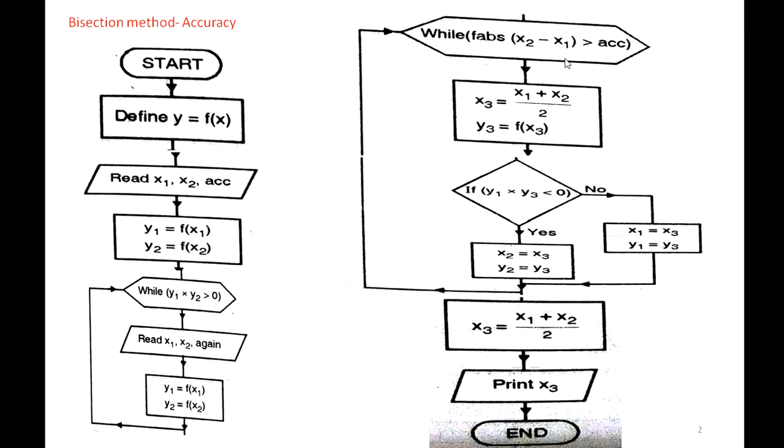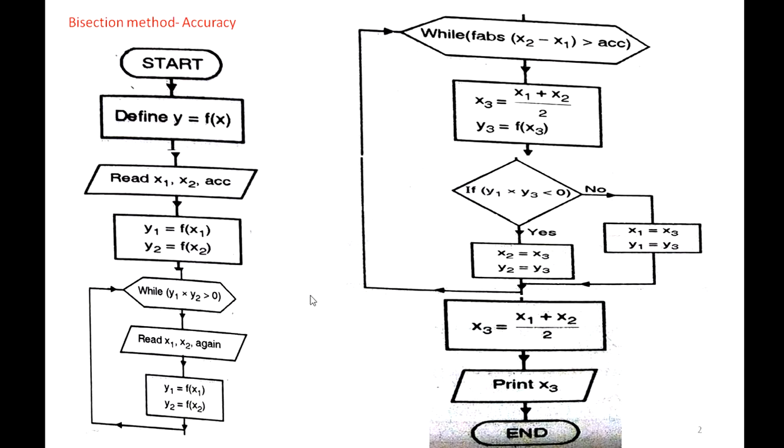Once it is less than accuracy, then at the next step that will be our answer, x3 is equal to x1 plus x2 by 2. Then finally we print the answer x3, and this is the end of the flowchart.